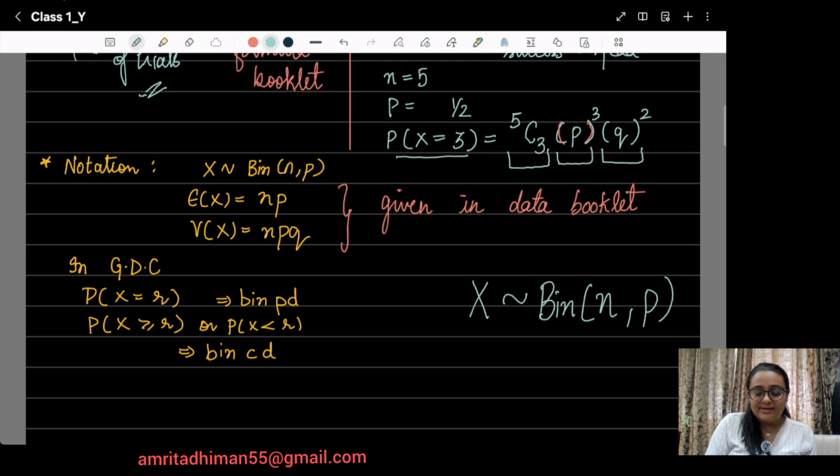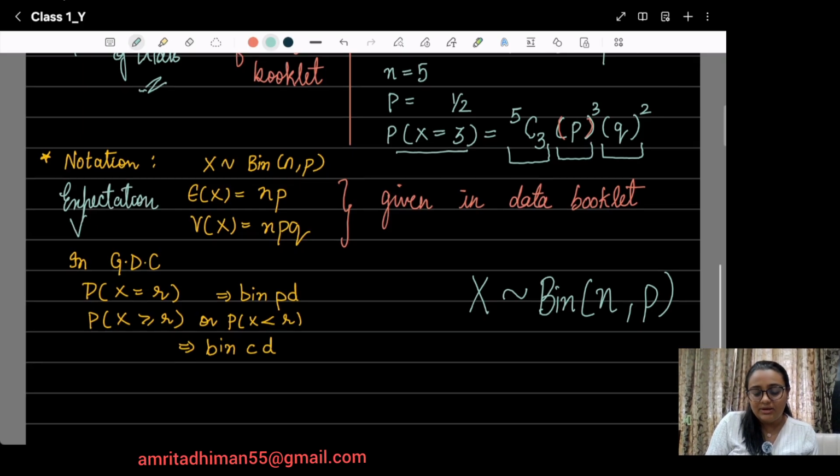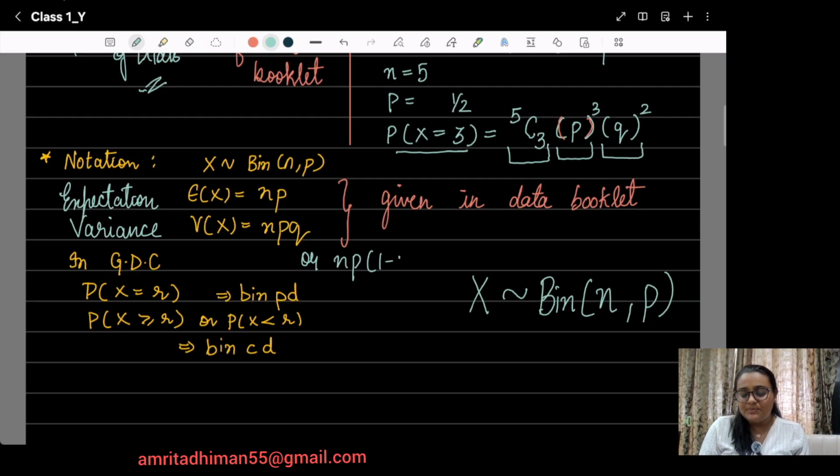E of x is the expected value or expectation, and V of x is the variance. The expectation formula is np and the variance formula is npq, or you can write np(1 minus p), right? And all these formulas are given in the data booklet.